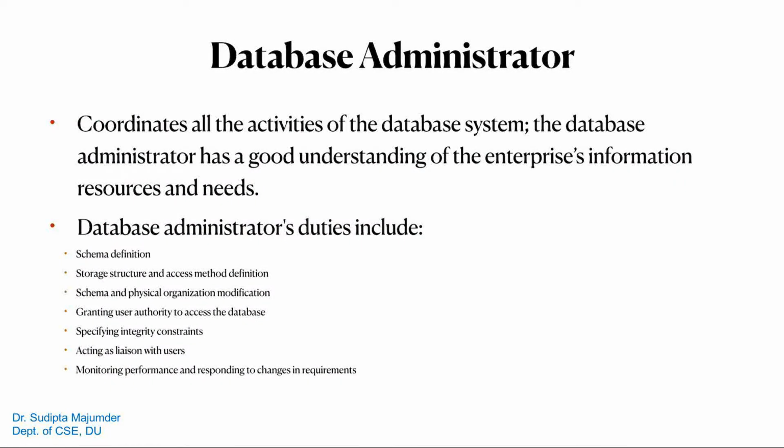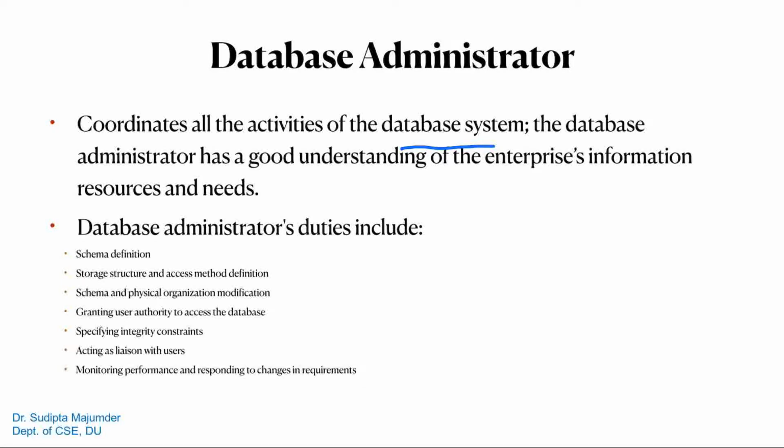And there is also an important person called the database administrator. The database administrator is a person who has central control of both the data and the programs that access those data over the system. They coordinate all the activities of the database system. The database administrator has a good understanding of the enterprise's information resources and needs.